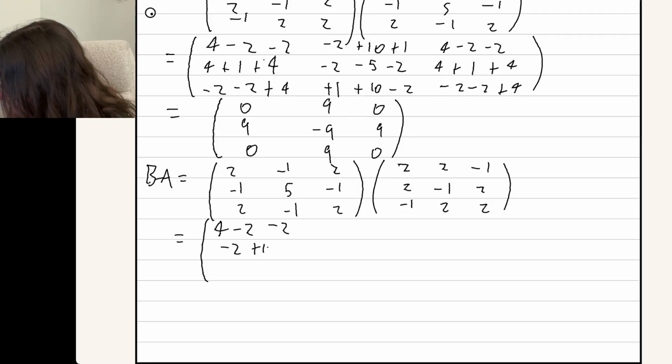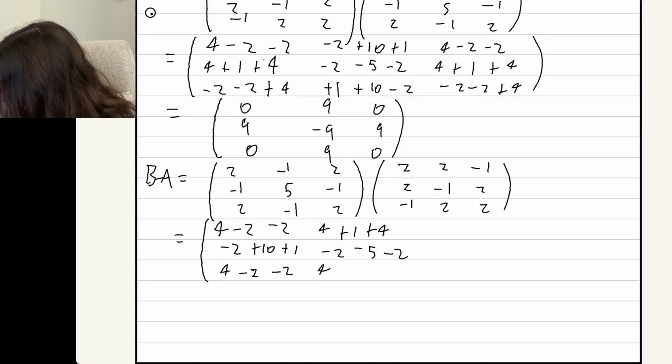Minus 2 plus 10 plus 1, 4 minus 2 minus 2, 4 plus 1 plus 4, minus 2 minus 5, and then minus 2, 4 here, and a plus 1, and a plus 4, and now minus 2, minus 2 plus 4, 1 plus 10 minus 2, minus 2, minus 2 plus 4.